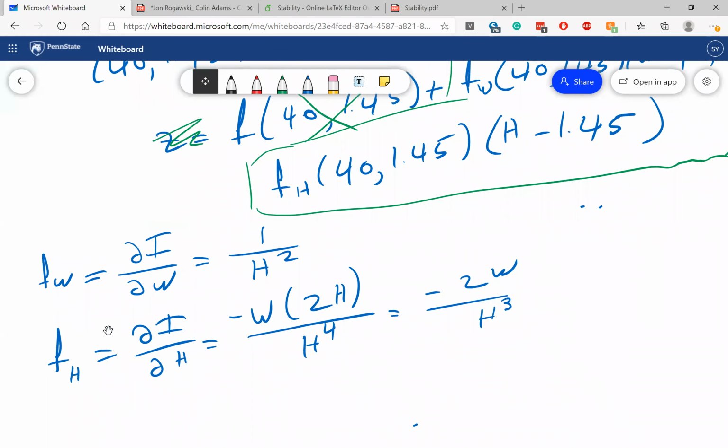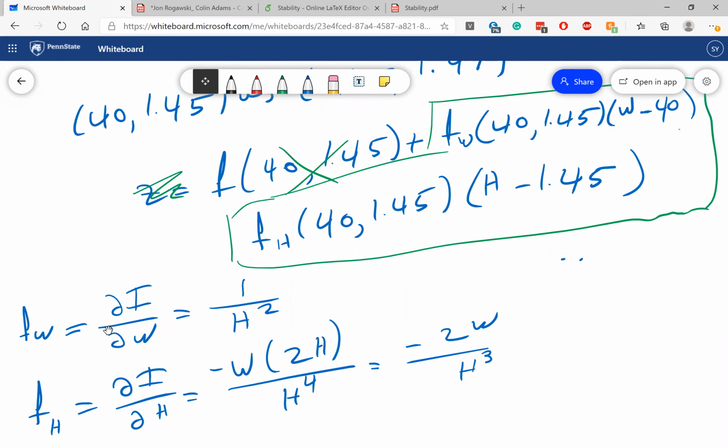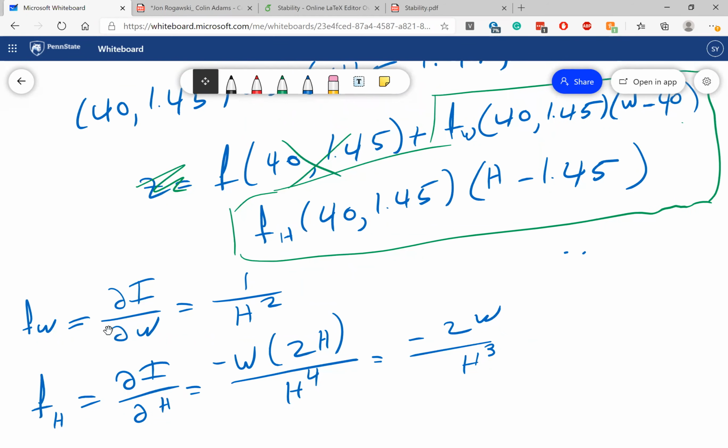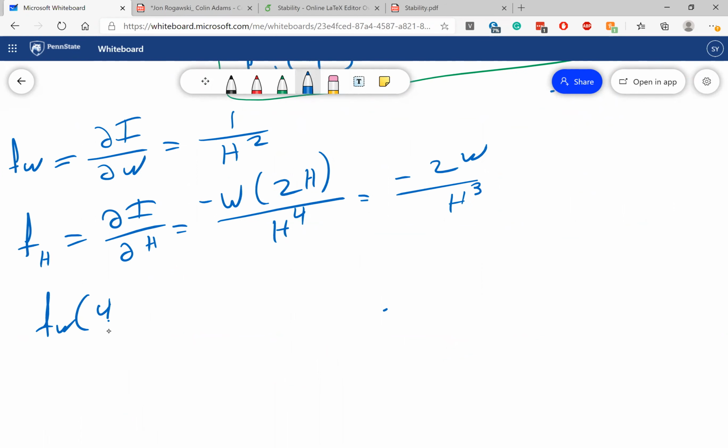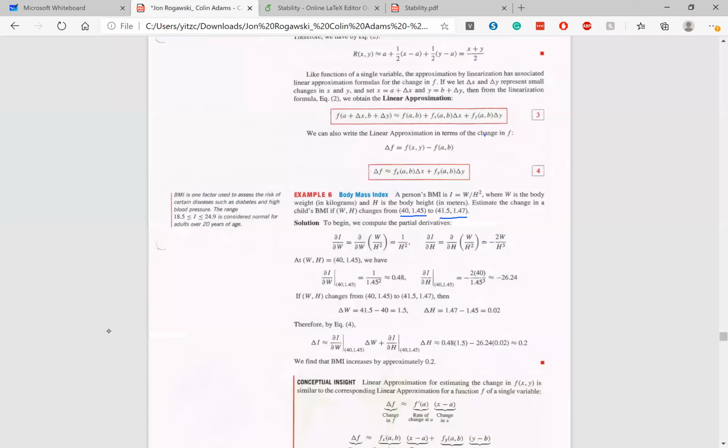So now we can find f_W and f_H at those points. So f_W at the point 40, 1.45 is going to be 1 over 1.45 squared. And we would only have to do this once in this approximation. Then we could use this to always approximate different points that are close.